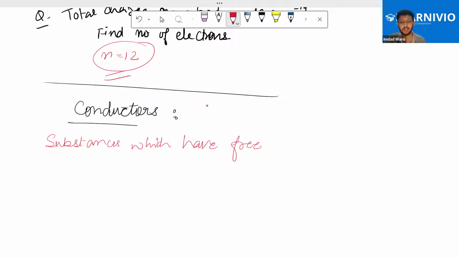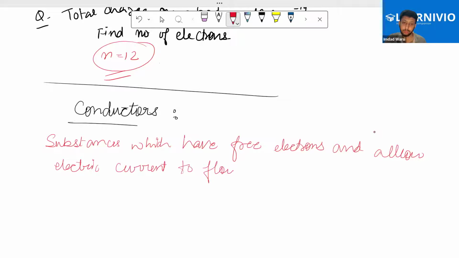Substances which have free electrons and allow electric current to flow through them are called conductors.